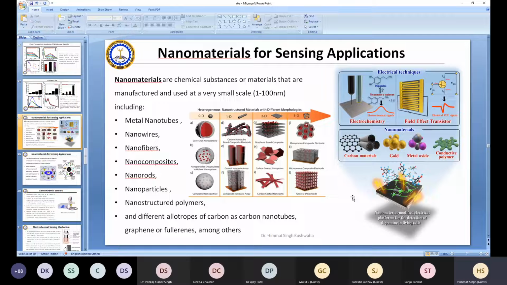The most common sensors are either optical, electrical, or electrochemical. Optical sensors generate an optical signal, while electrical or electrochemical sensors generate an electrical signal in the form of potential or current.